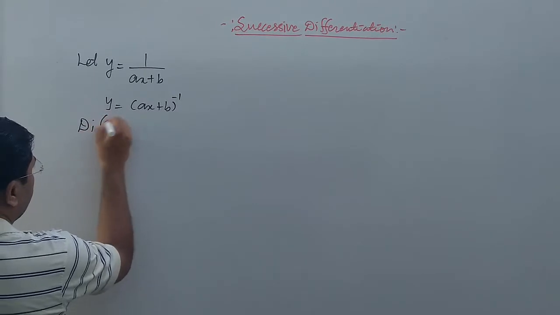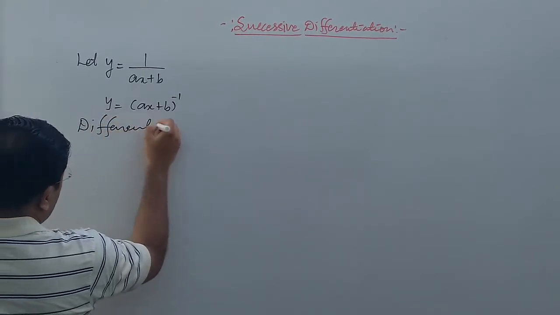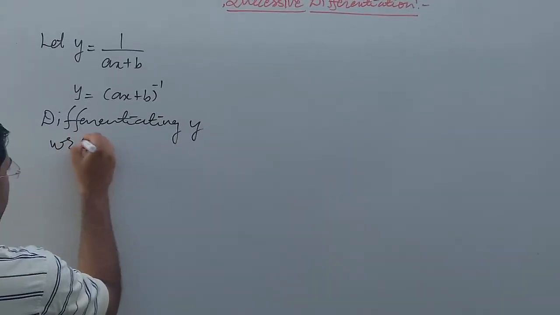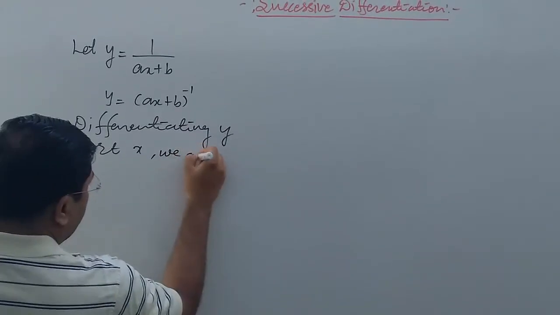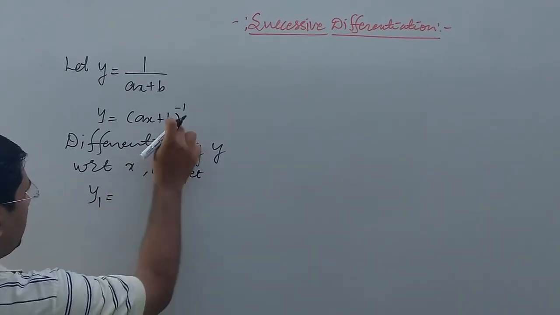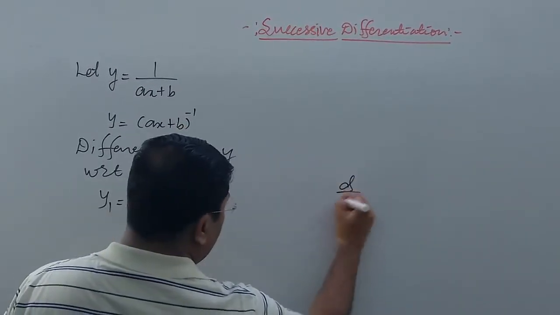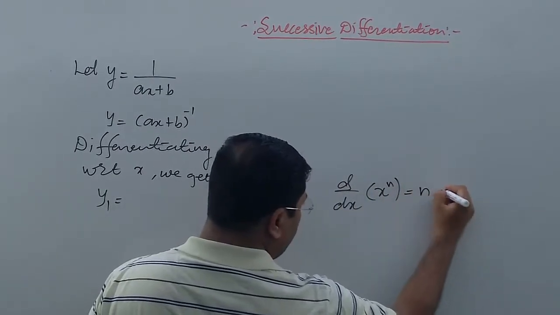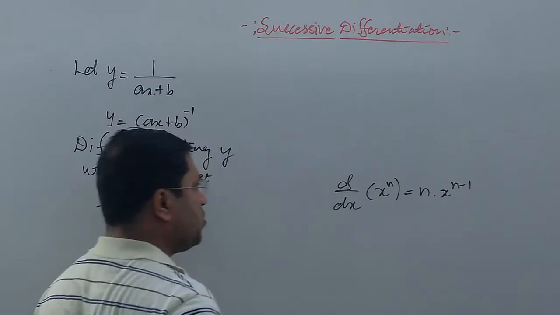Differentiating y with respect to x, we get the derivative y1. We know d by dx of x raised to n is equal to n into x raised to n minus 1.